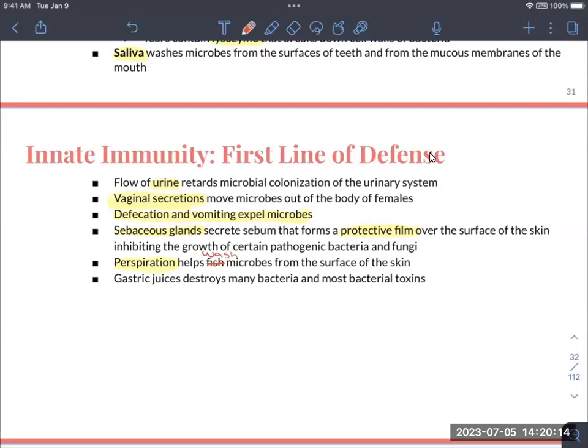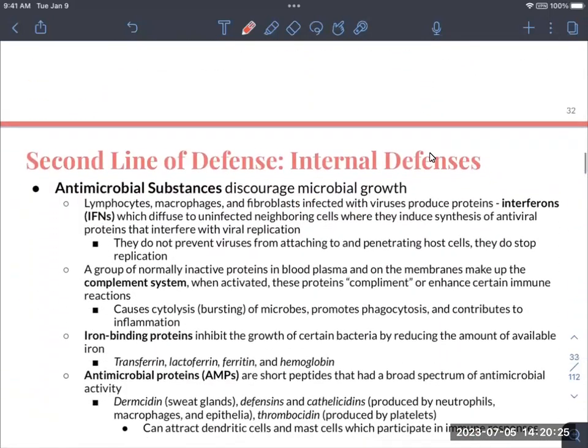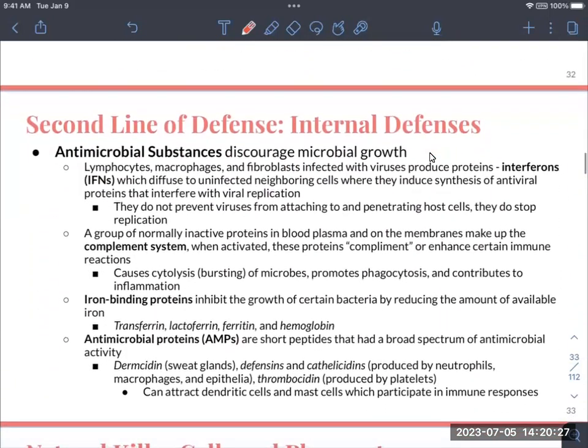It's so acidic that it destroys the bacteria and toxins, most toxins that get into our system. So our second line of defense, this is more our immune system, but it's different things that prevent microbial growth.